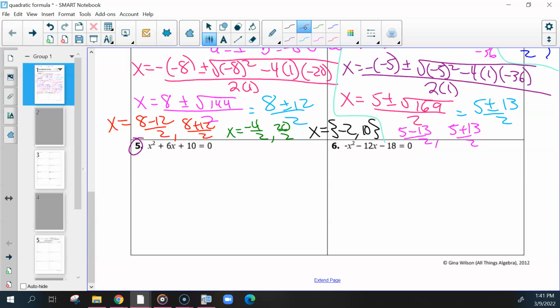Five minus 13 would give us negative 8. And then 5 plus 13 is 18. And then we just need to simplify our final answer. So negative 4, positive 8. I'm sorry, positive 9. Been a long day.